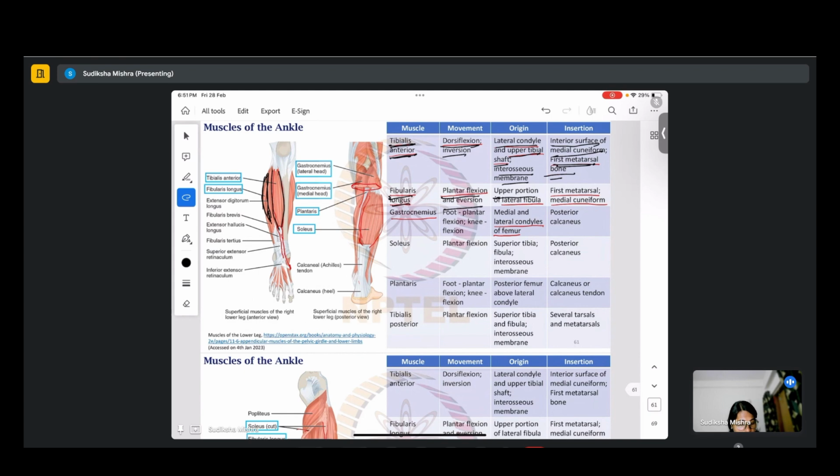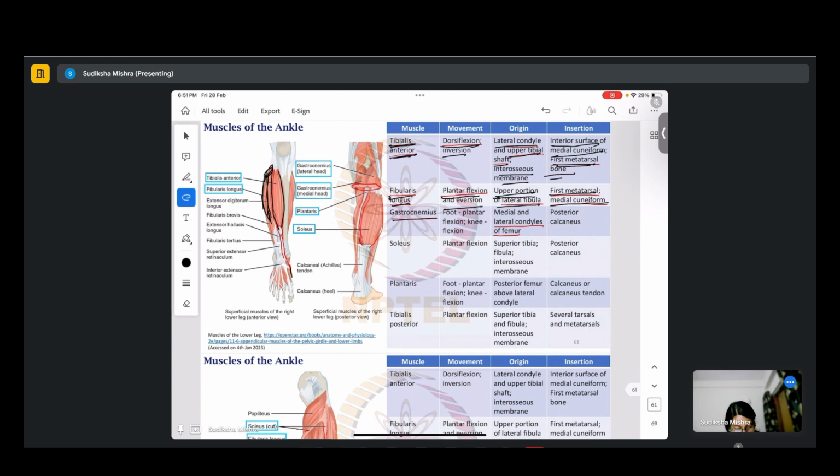It originates in the upper portion of the lateral fibula, so basically in a superior portion, somewhere here, and it inserts into the first metatarsal and medial cuneiform. So again, in the big toe here.